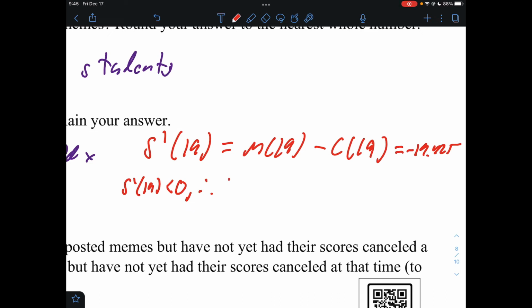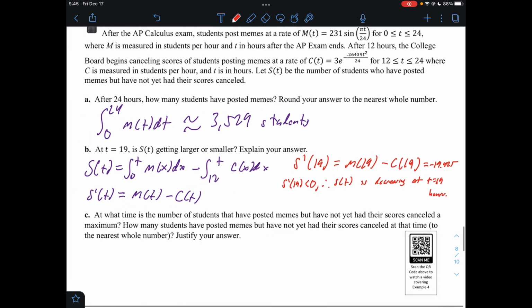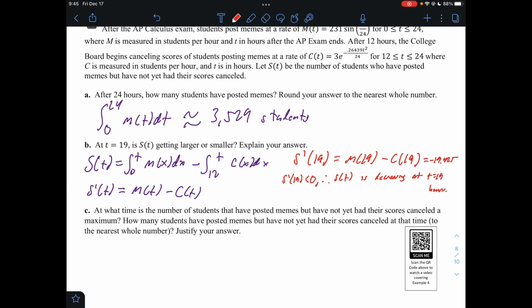Therefore, s of t is decreasing at t equals 19 hours. We don't really care what the value is, as long as we know that it's negative. That's all that matters.